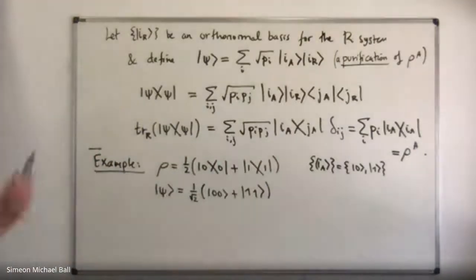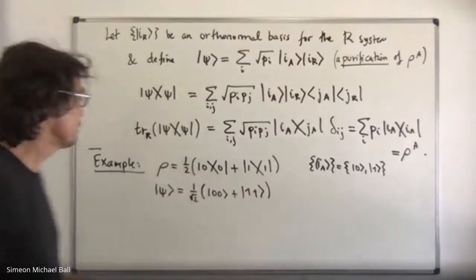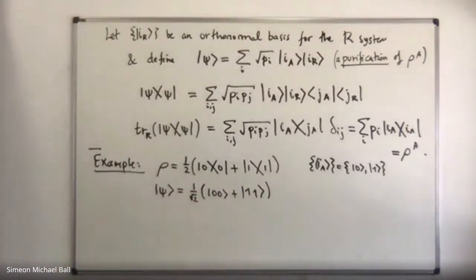And the thing is, if you just write up a random density operator, you then have to diagonalize, you have to do the spectral decomposition to be able to then simply stick on the other orthonormal basis at the end.